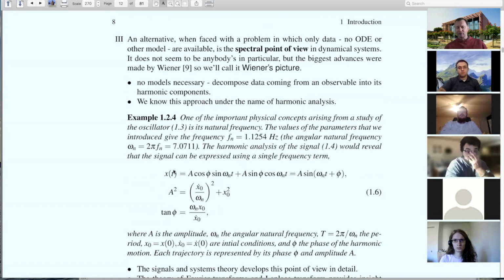And let's take the solution x of t in its harmonic form. We can always put the solutions in a form like this, where you have amplitude, then the natural frequency, and then the phase. But the nice thing is that if you could somehow extract amplitude, natural frequency, and phase from a signal, then you have the ability to reconstruct the whole signal without explicitly knowing its time dependence, with 3 numbers: amplitude, frequency, phase.